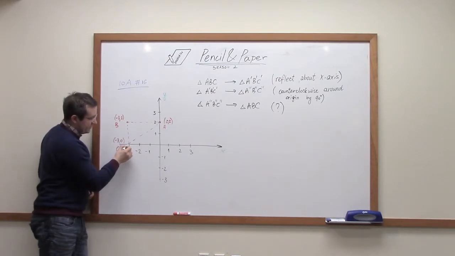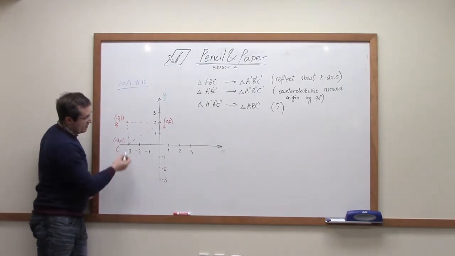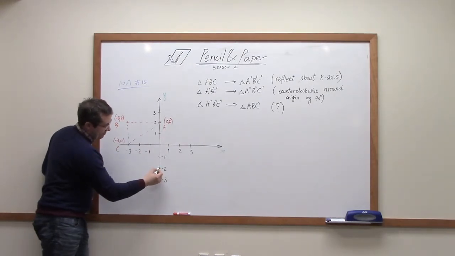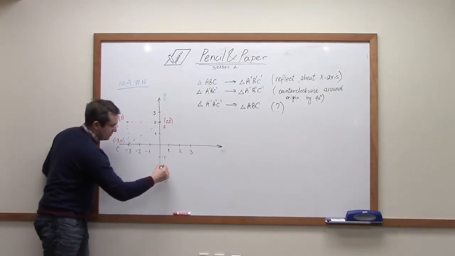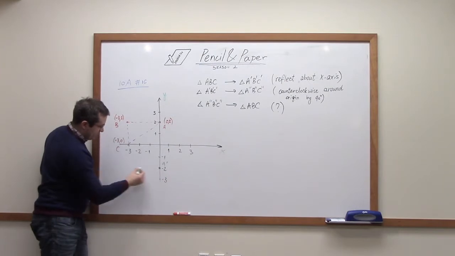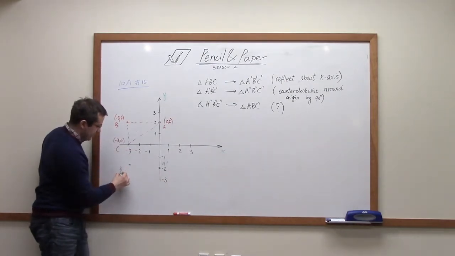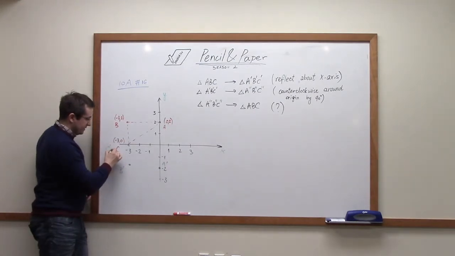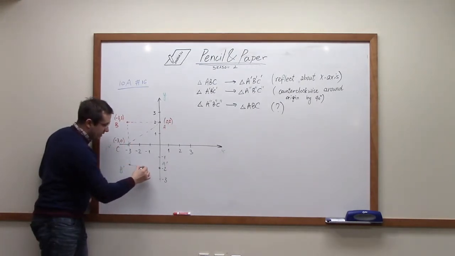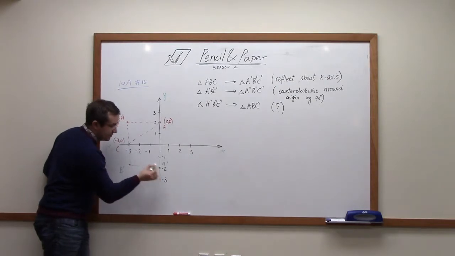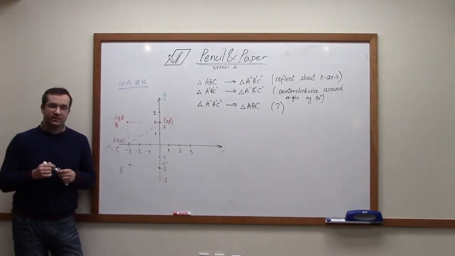So my point C stays in the same place. My point A translates here, so it's going to be A prime, and my point B prime will be here, right? And C prime is the same as C. So my triangle is going to look like this after the first transformation.